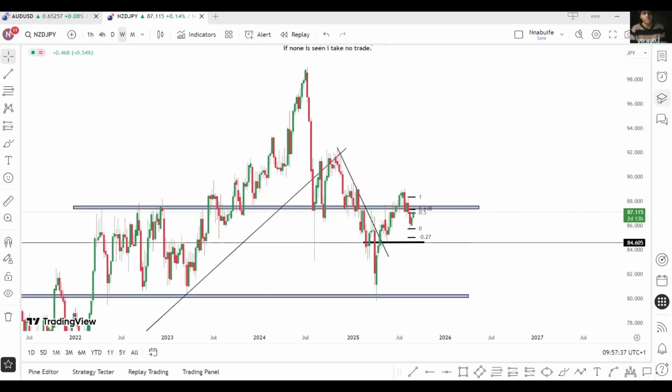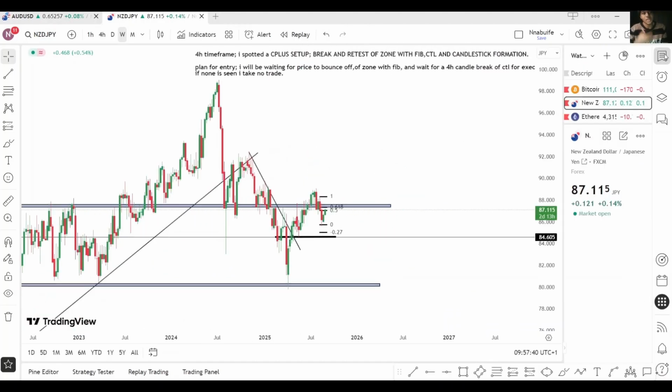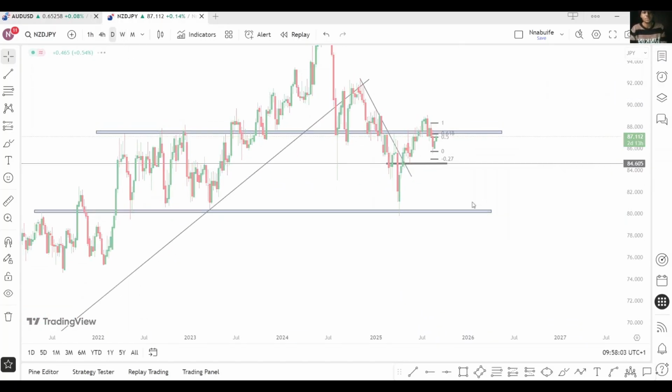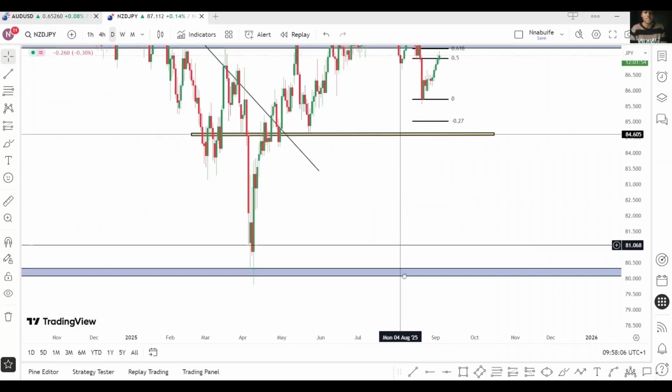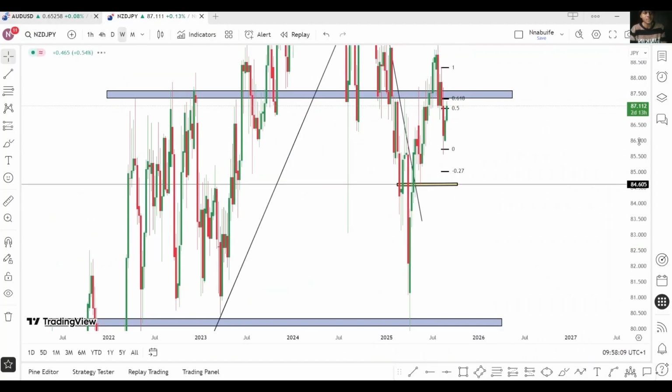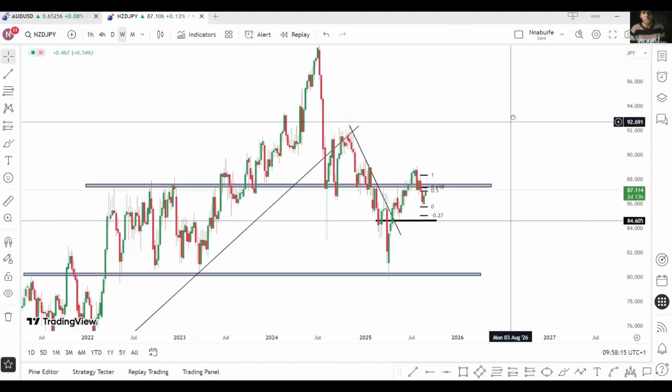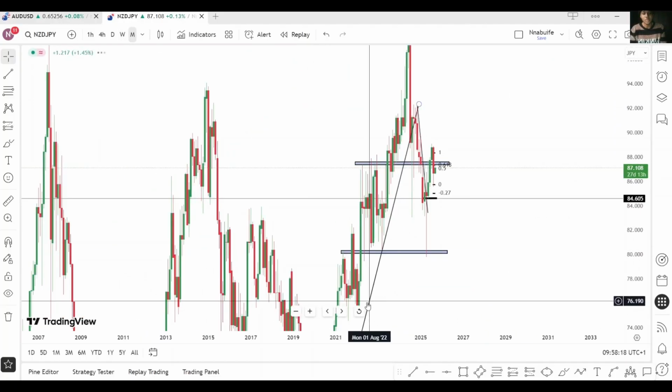The pair caught my eye because it was a setup, a pattern that I recognize. I said to myself, I found the pair that is showing me my setups. It's going to be so stupid if I don't take it. So I put the pair on my watch list and analyzed it. And yes, the setup is actually forming at the moment. So I'm just going to break it down quickly to show you my setup on the pair.